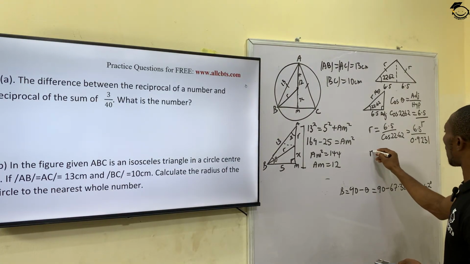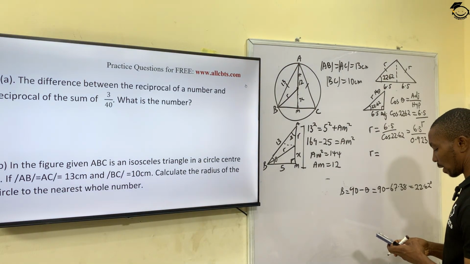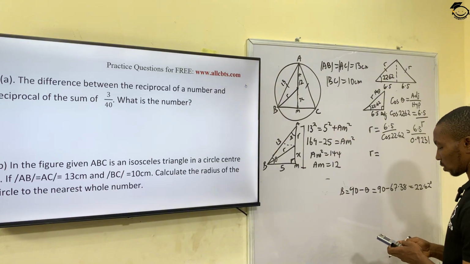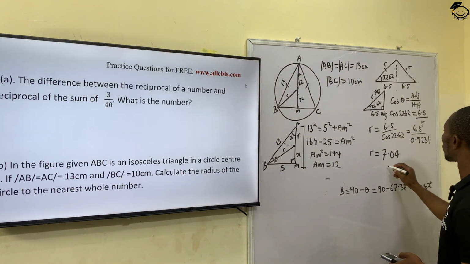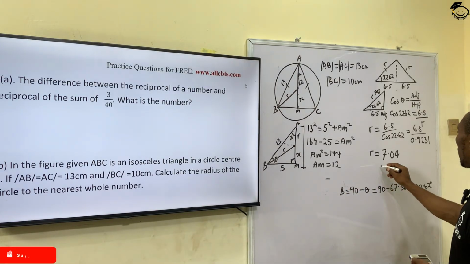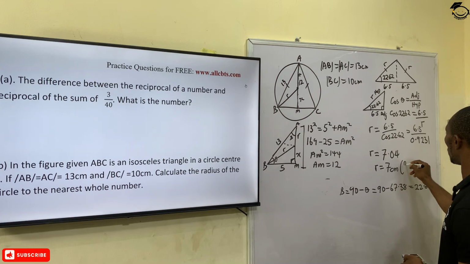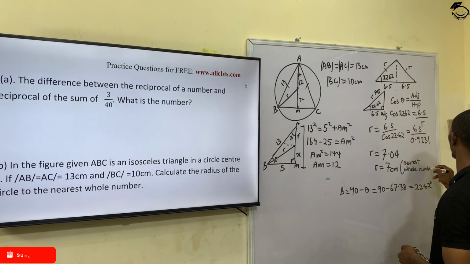Okay, so our R will become 6.5 divided by 0.9231, which gives us 7.04. So to the nearest whole number, our R equals 7 centimeters. That will be the nearest whole number.